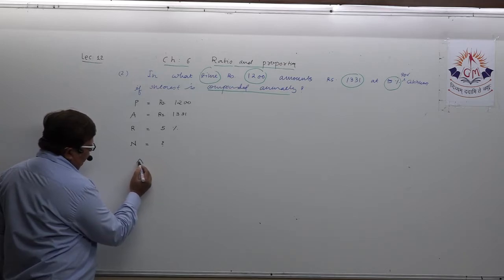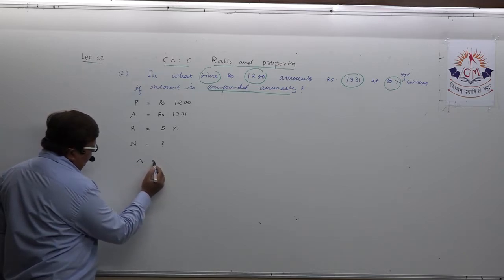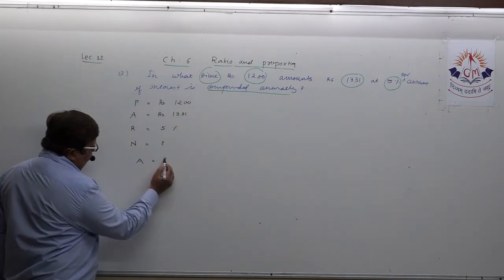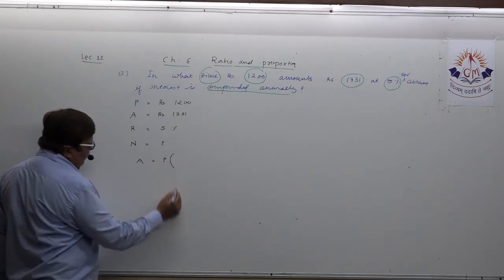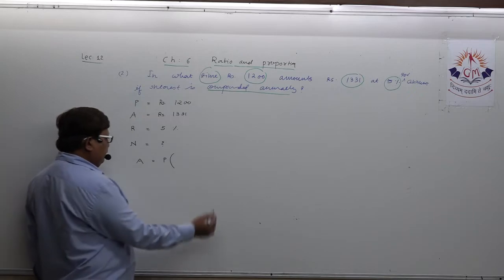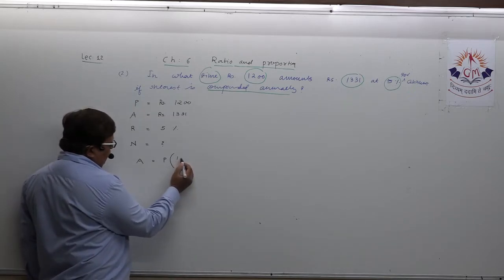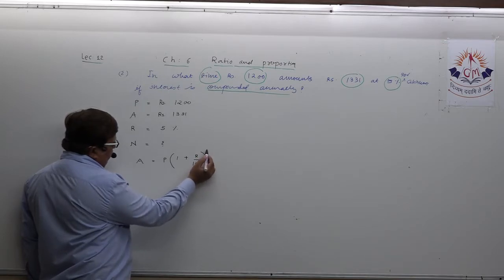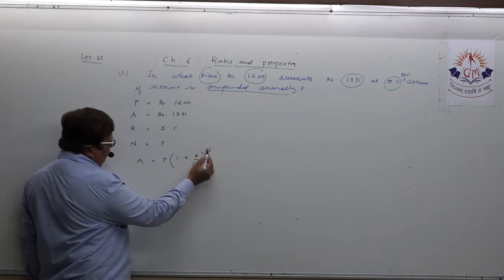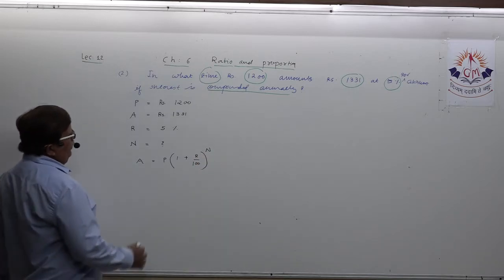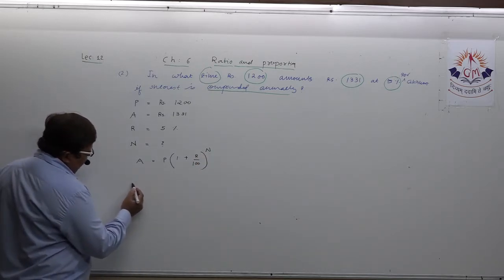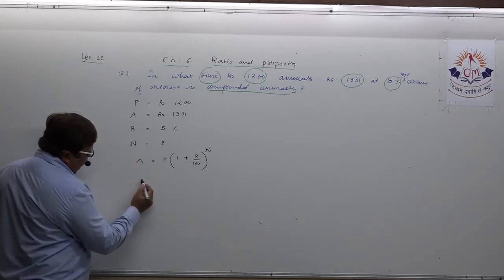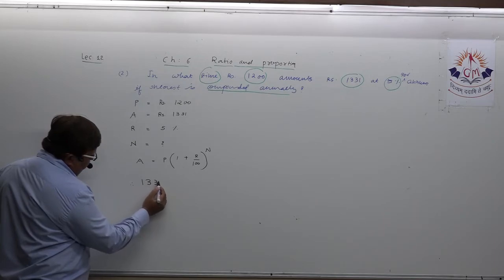So the first one, the basic formula, as you know: A equals P into bracket 1 plus R upon 100 raised to the power n. Then first the amount, it has been mentioned 1331.